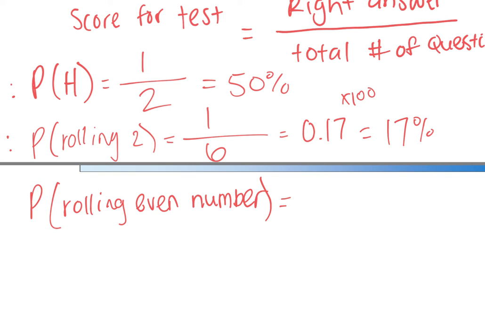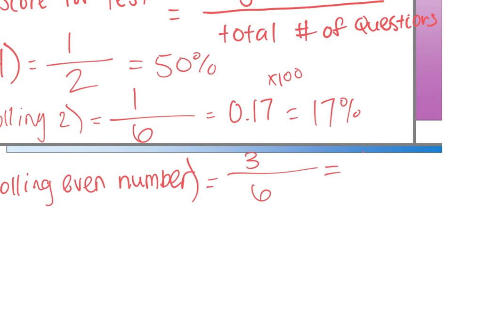Xavier? 3. Why? Very good. You could roll a 2, a 4, or a 6. So there's 3 possible outcomes that are favorable out of how many total? 6. What is 3 over 6 simplify to? 1/2 or 50%. So there's a 50% probability that you roll an even number.